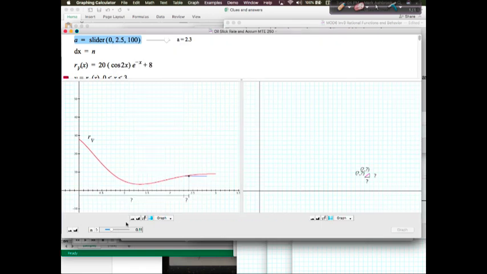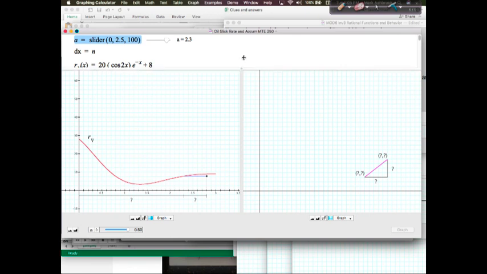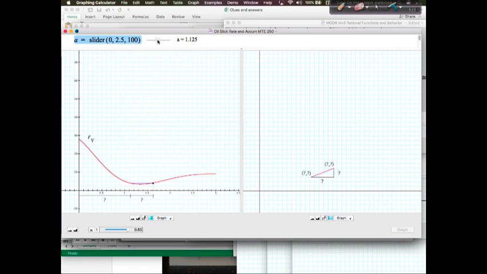This is the first one. Okay, so here's the first one. You see we've got the rate. I'm showing you the rate graph over there. And there's two sliders. There's the N slider, and then there's this A slider.